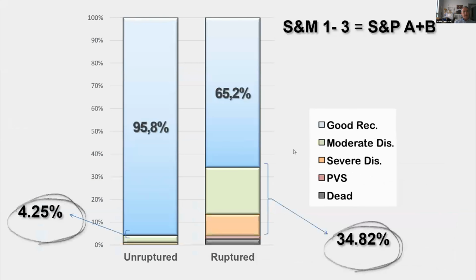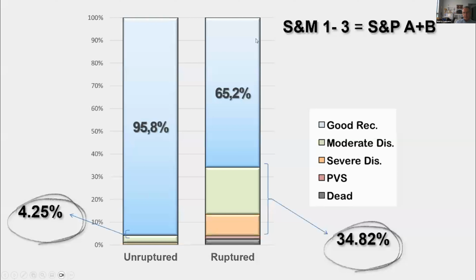This is another paper that we published. At the end, the number of complications, the patients that had some neurological problem after treatment of unruptured AVM compared to those treated after rupture, is much different.